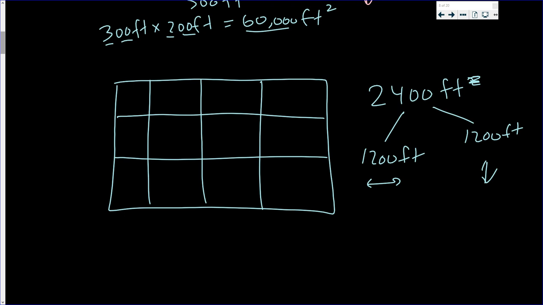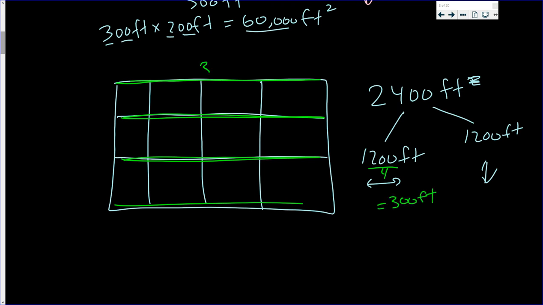Well, how many horizontals do we have? 1, 2, 3, 4. Divide by 4, you get 300 feet. It's going to be 300 feet long.